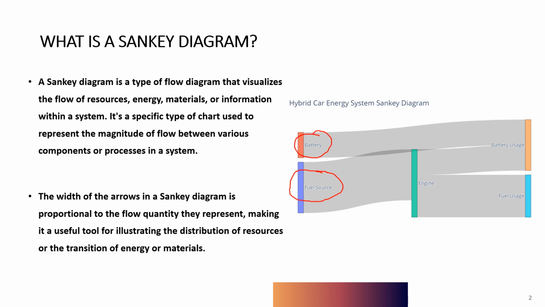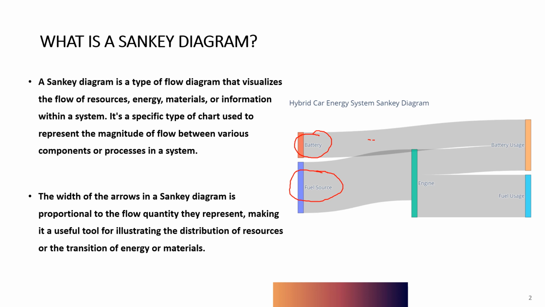But if we really want to understand how the materials are utilized in the system, what part of the system uses more material than the other parts, then you need to represent the flow of the material using a Shanky diagram. And the beauty of a Shanky diagram is that the width of the arrow can actually tell us the quantity of the flow.